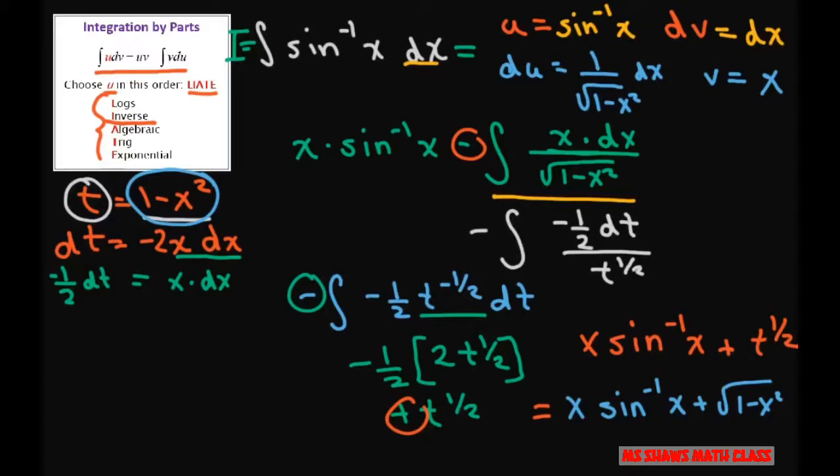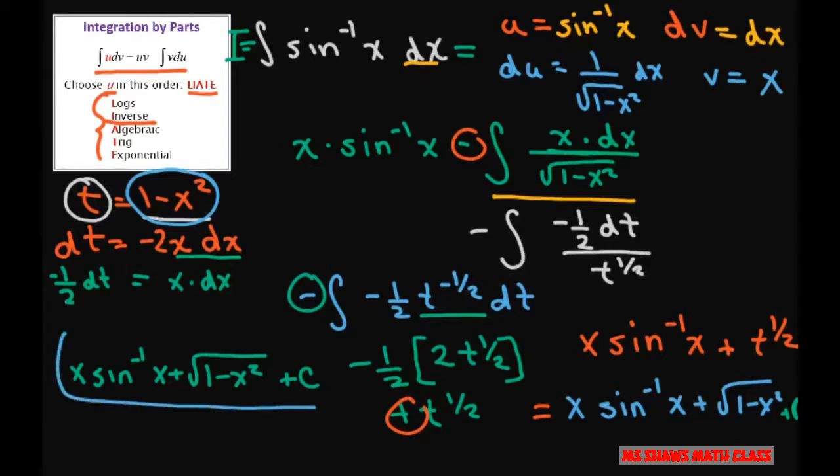And don't forget to put the plus c. I'm running out of room here, so I can write it again here: x inverse sine of x plus the square root of 1 minus x squared plus c. And that is your final answer.